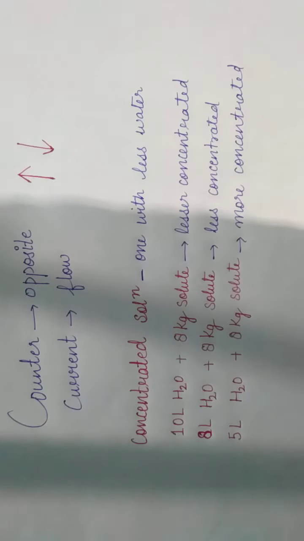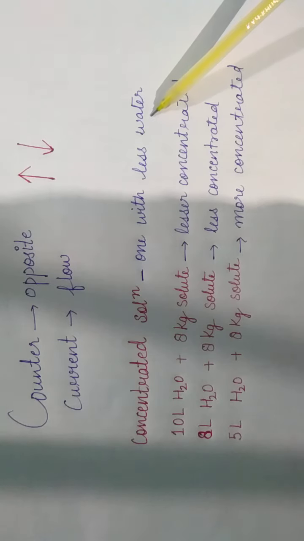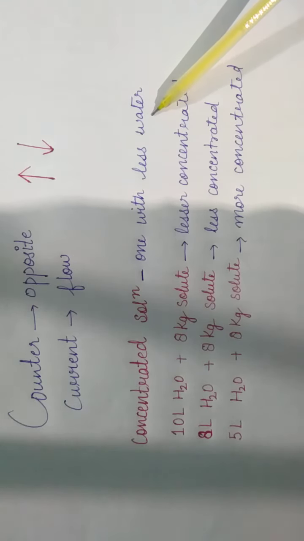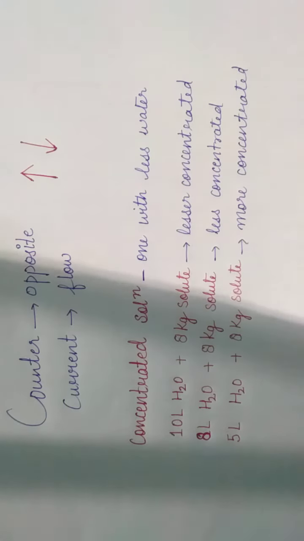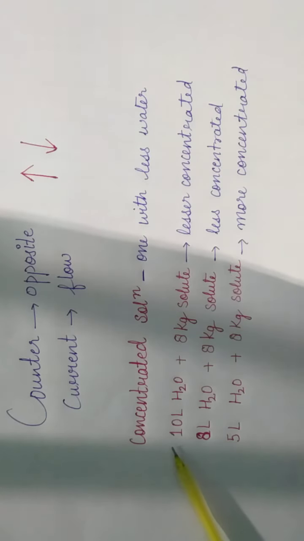Before understanding the countercurrent mechanism, it is very essential to understand what is a concentrated solution. It's very easy. Concentrated solutions are those solutions which have less amount of water. Let's understand this from an example. Suppose there is a solution with 10 liter water and 8 kg solute.